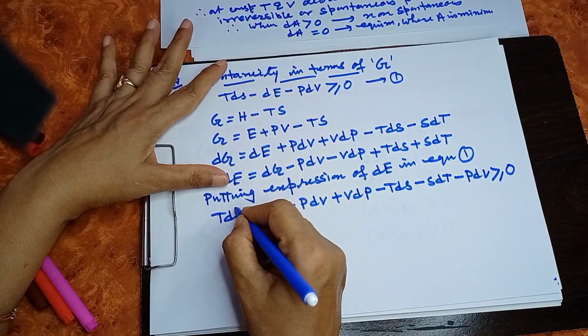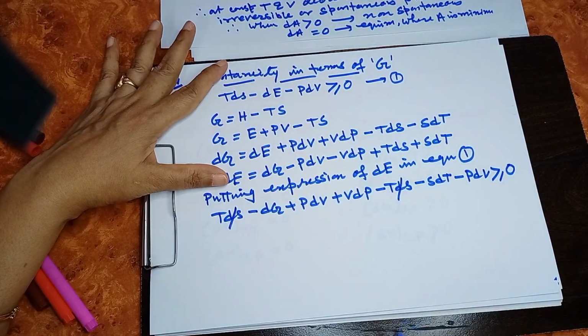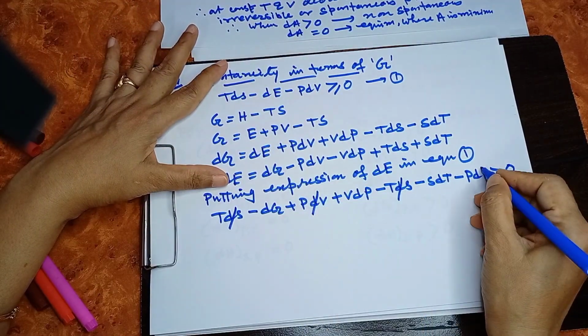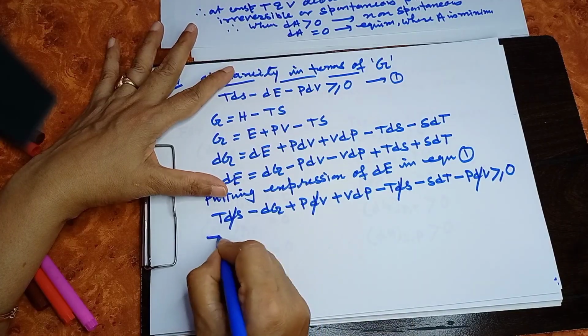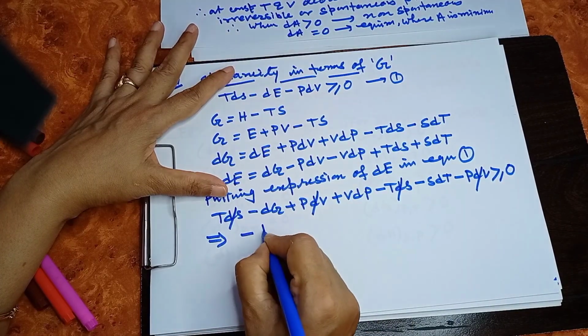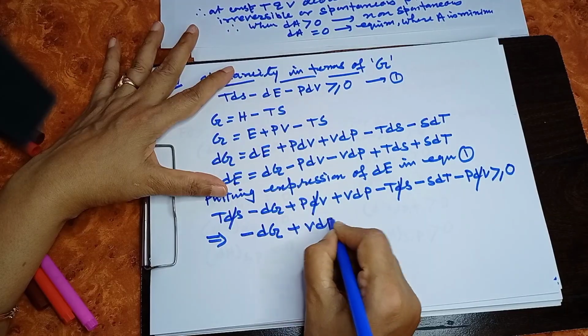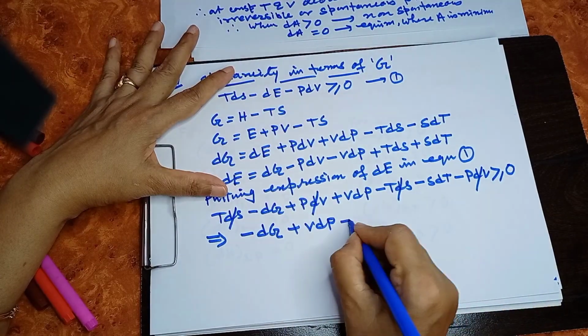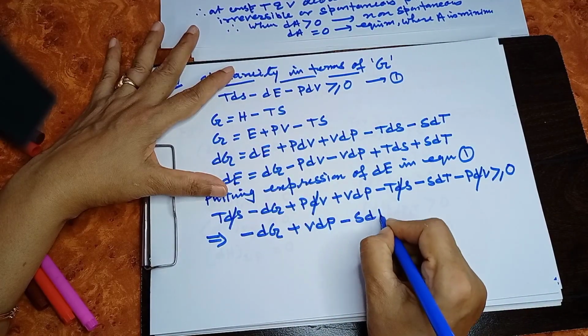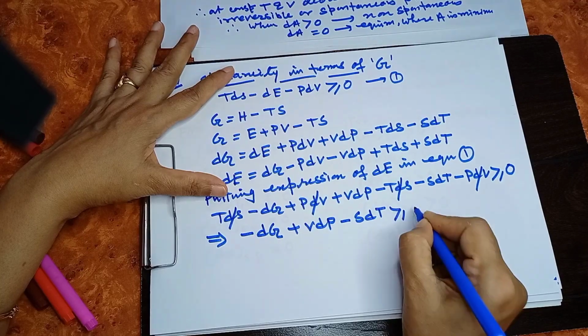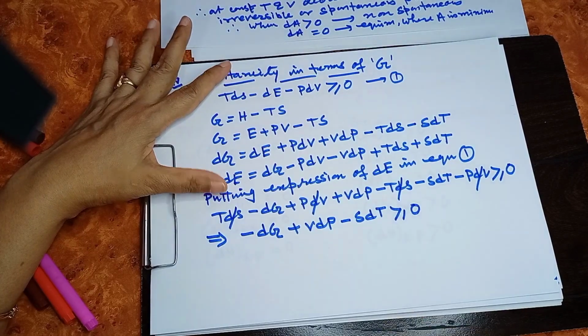TdS cancel, PdV cancel. So what is left over? Minus dG plus VdP minus SdT greater than or equal to 0.